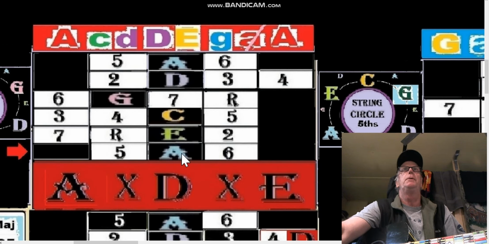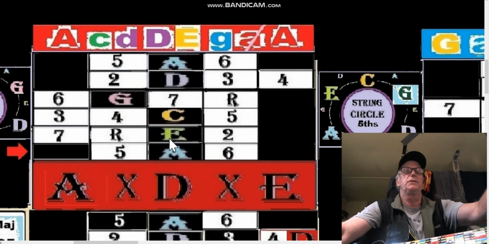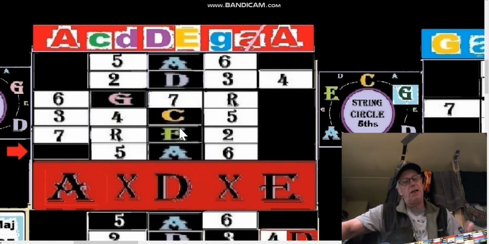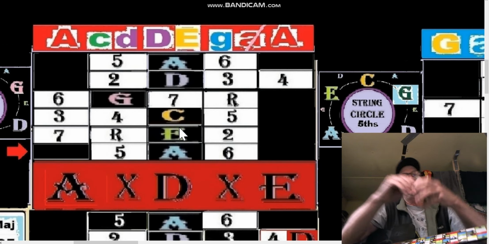Going up, the fifth of A is E, the fifth of E is the C. Now remember, the fifth of E is actually a B, but we take it to the C string shape. Then going down again, the fourth of C is F, but we take it only to the E string shape.